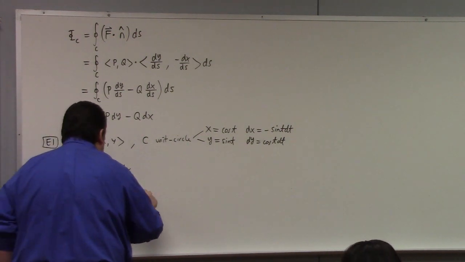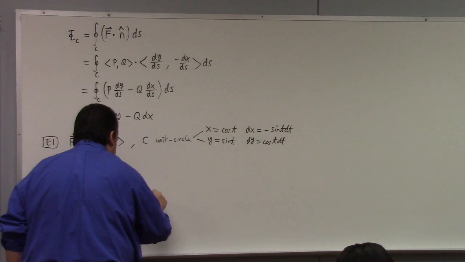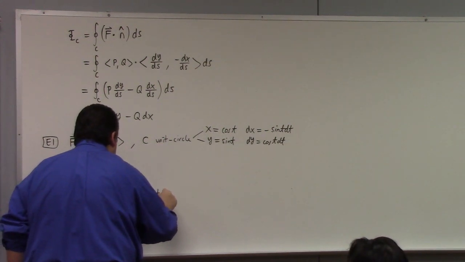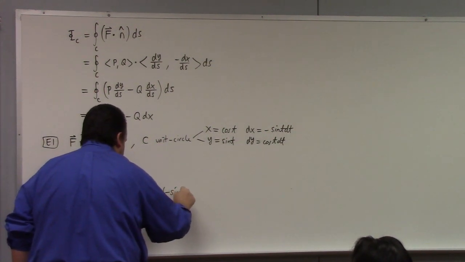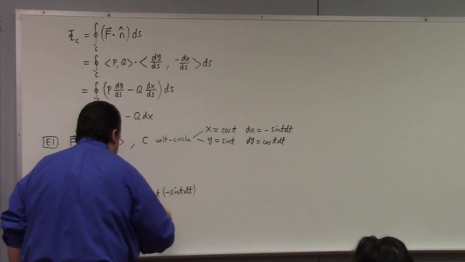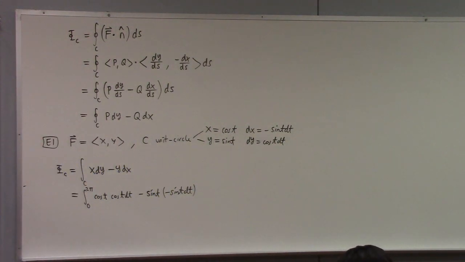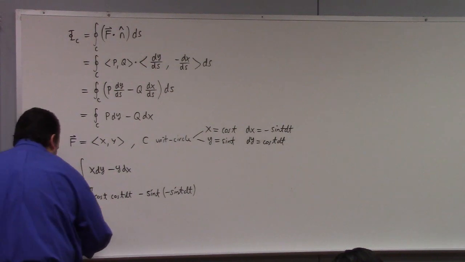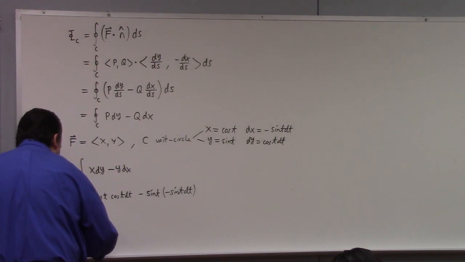Man, these integrals are so boring. It's always the same thing, isn't it? So you've got sine t minus sine t dt. So we've got cosine squared plus sine squared, also known as 1, right? You know, I'm not simplifying sine squared plus cosine squared as 1 in this integral.